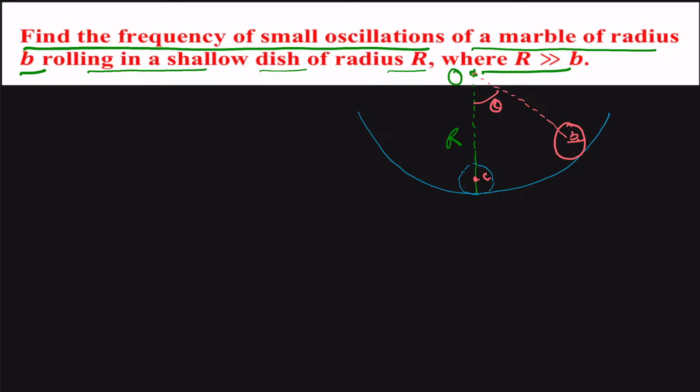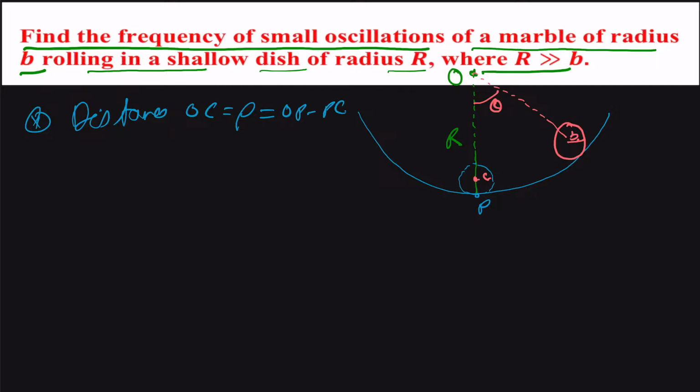Okay. So we can say that the distance from O to C, let us say represented as rho, and let us call this point of contact P. So that will be our OC, that is our rho will be equal to OP minus PC.